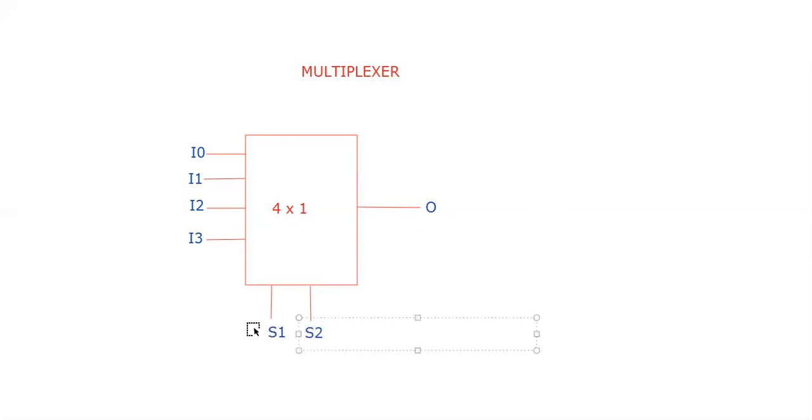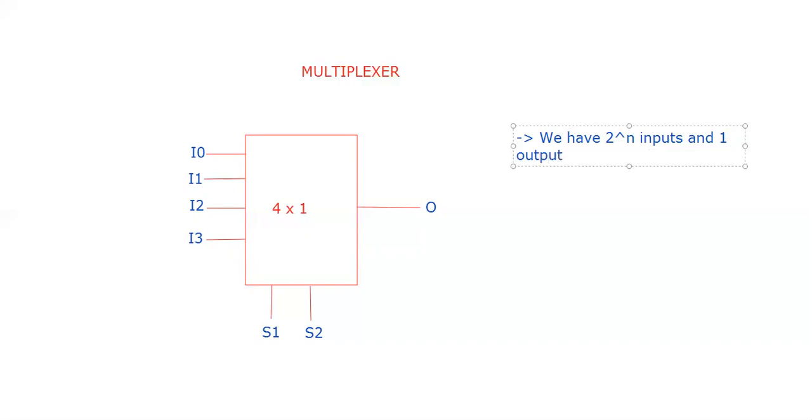So let me write these things so that you can understand better. So in a multiplexer, the first point is we have 2 raised to the power n inputs and one output, where n is the number of select lines.